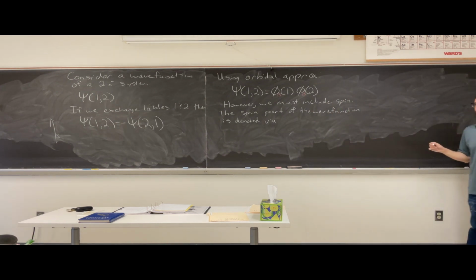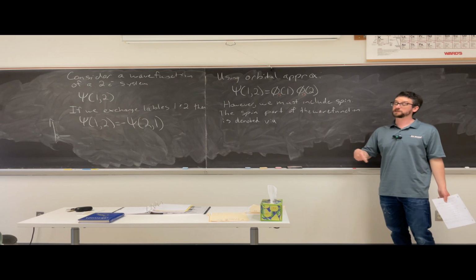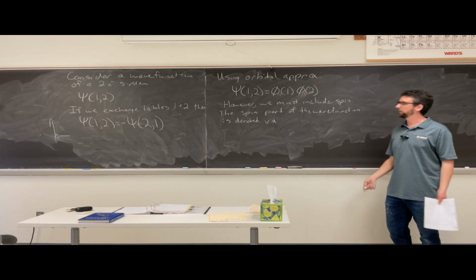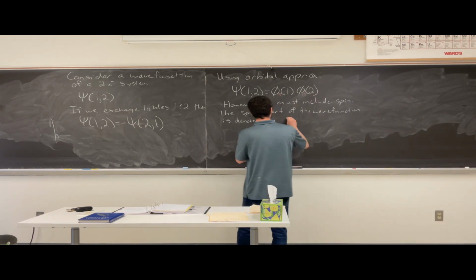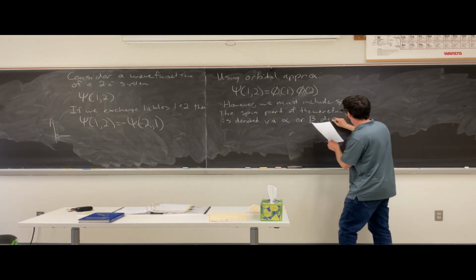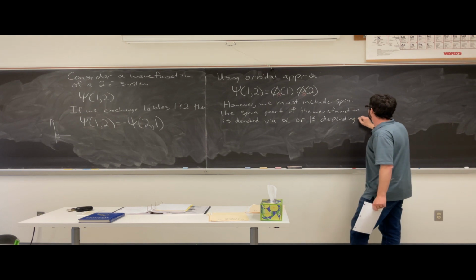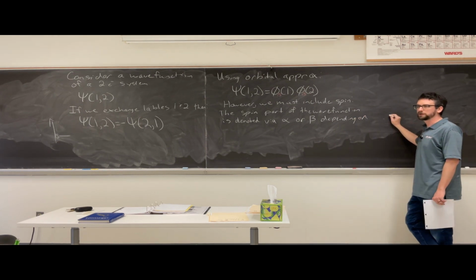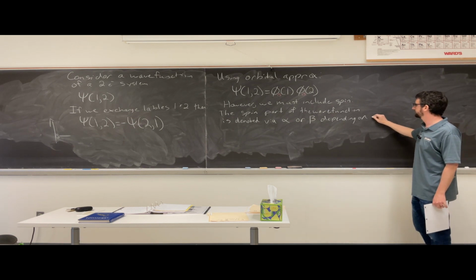What are we going to use to denote spin up and spin down? Or what did we do in the PMR lab? Oh, alpha and beta. Yeah. So we have spin orbitals too, called alpha and beta. And what does that depend on? What quantum number? Mhm. Yeah.